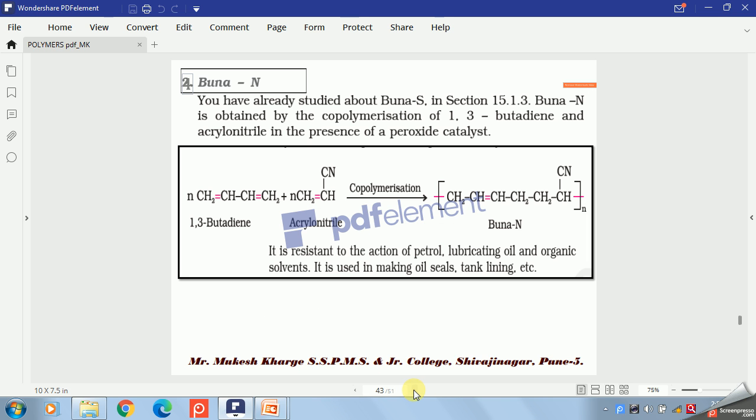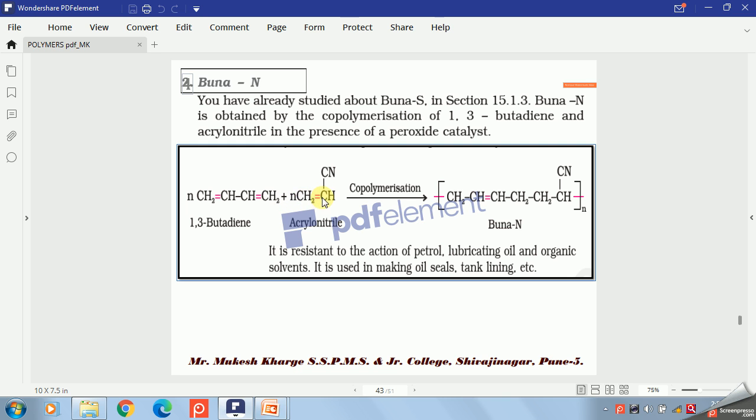Then next one is Buna S, which we already learned. Now we have to discuss Buna N. It is obtained by copolymerization of 1,3-butadiene and acrylonitrile in presence of peroxide as a catalyst. Here the CH2 group of 1,3-butadiene forms a bond with the CH2 group of acrylonitrile.